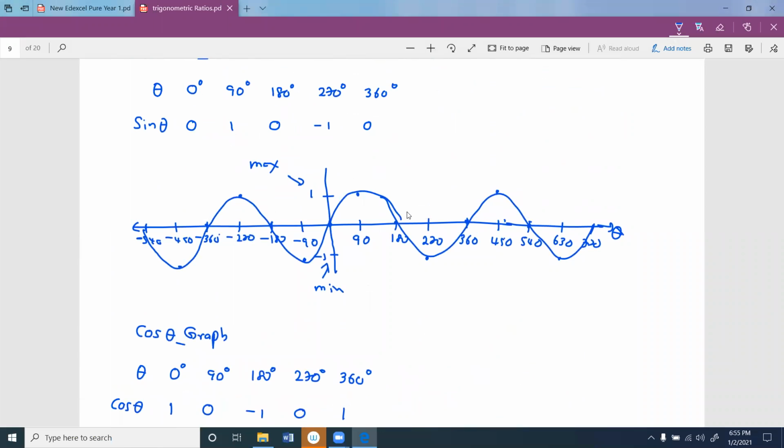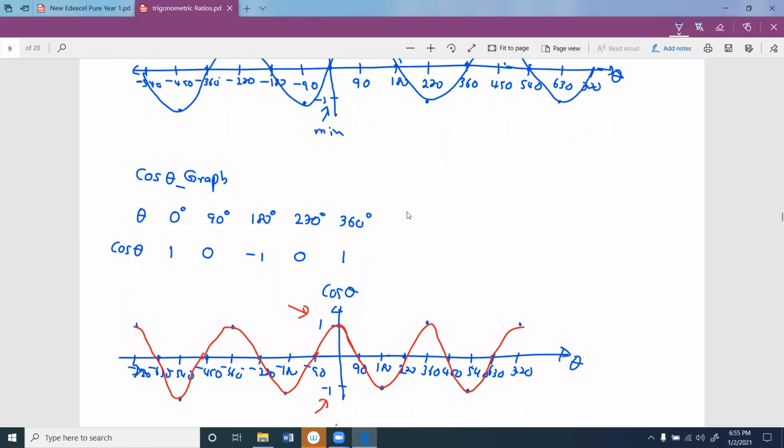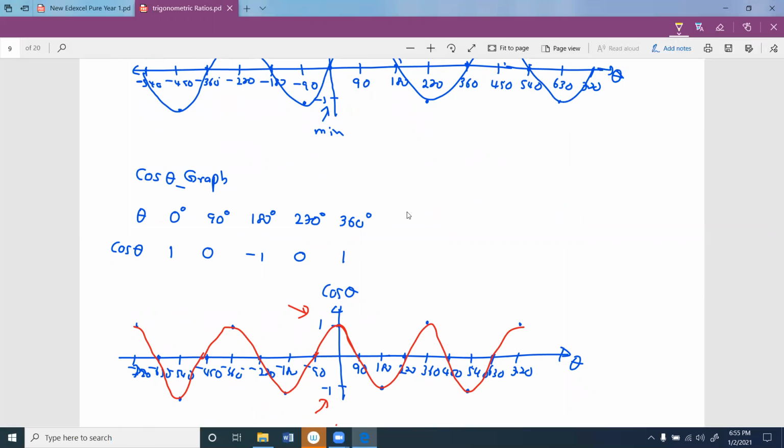For cos inverse of 1.2, you get a math error. The reason is that the cos value ends at 1 and the minimum value is -1. Obviously, if I put 1.2, it's a figure somewhere over here. Cos 1.2 gave me 0.9997806. Sorry, not cos 1.2, cos inverse of 1.2.